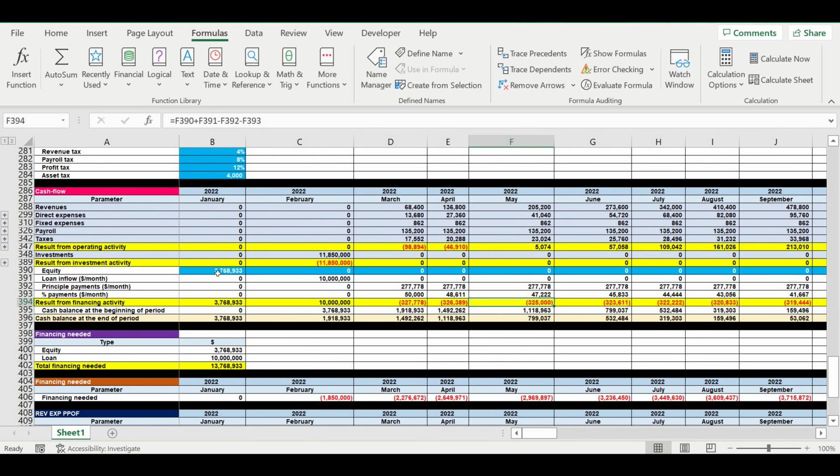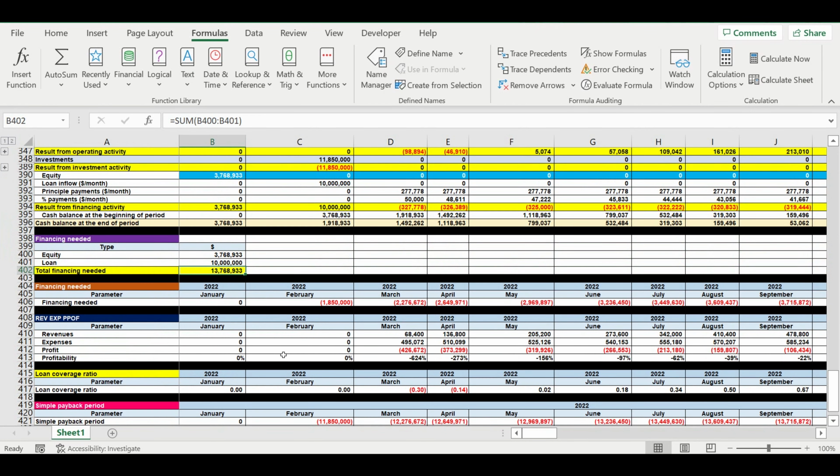Here you are able to see how much financing from your pocket you need to start this business. Here is the loan. Here is the amount of money that you need from your side or from your business partner's side. Here you have totals from your money or your business partner's money, loan, and total financing you need to start the business.